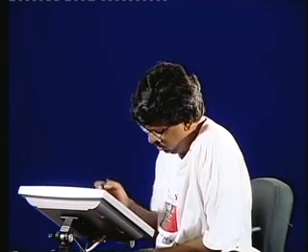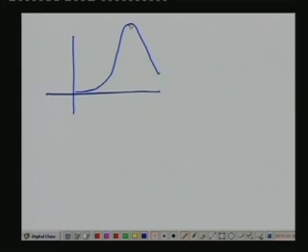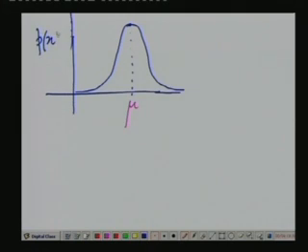So, typically it will be like this. It is actually a bell shaped curve. The peak is occurring at mu. Sorry, this is px, this is x.